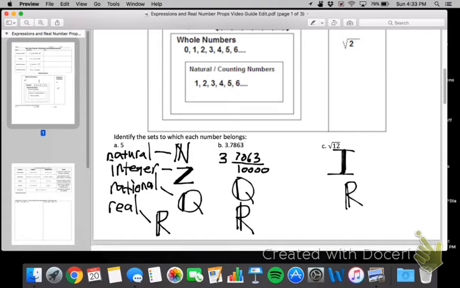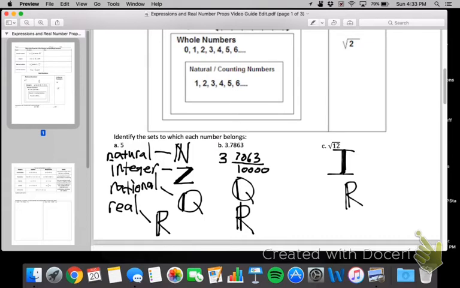Yeah, and in fact, any square root of a number that's not a perfect square, so we know numbers like 9 and 16 and 25 are perfect squares because they have a natural number answer. Any number that's not one of those numbers, so square root of 12, is not a rational number. It cannot be written as a fraction.